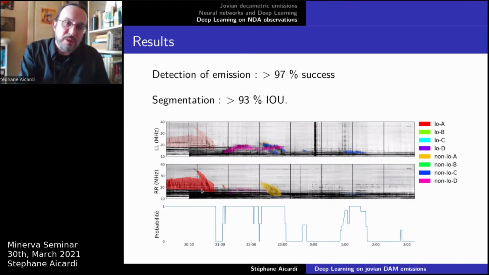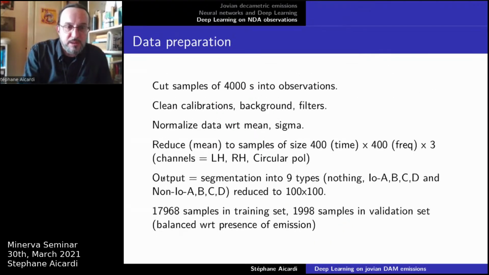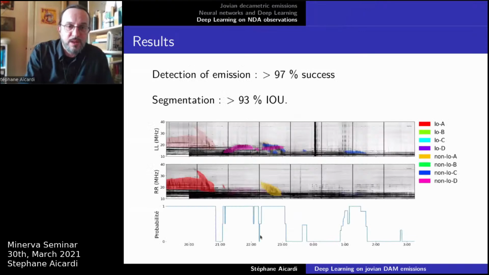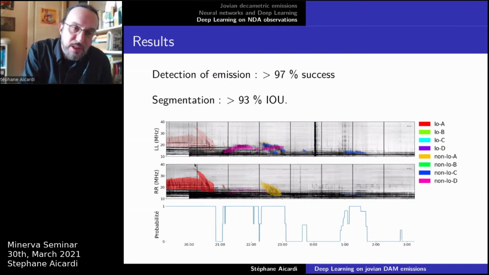Anyway, here is the results of the network that we can compare to the manual catalog. So we see a good occurrence, but here we have some things missing.